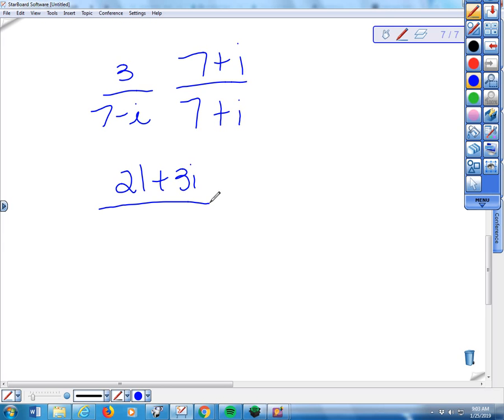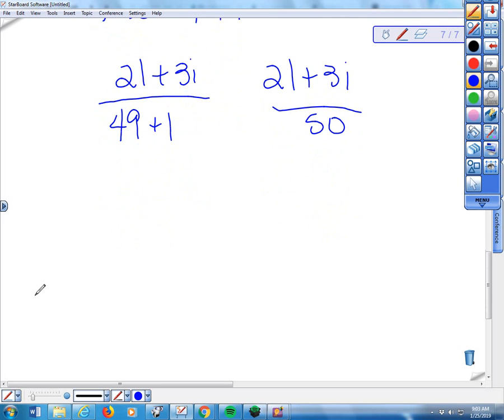So it's just 49 minus i squared. 49 minus i squared is 49 plus 1. So to break this apart, 21 over 50 plus 3i over 50. That's complex standard form.